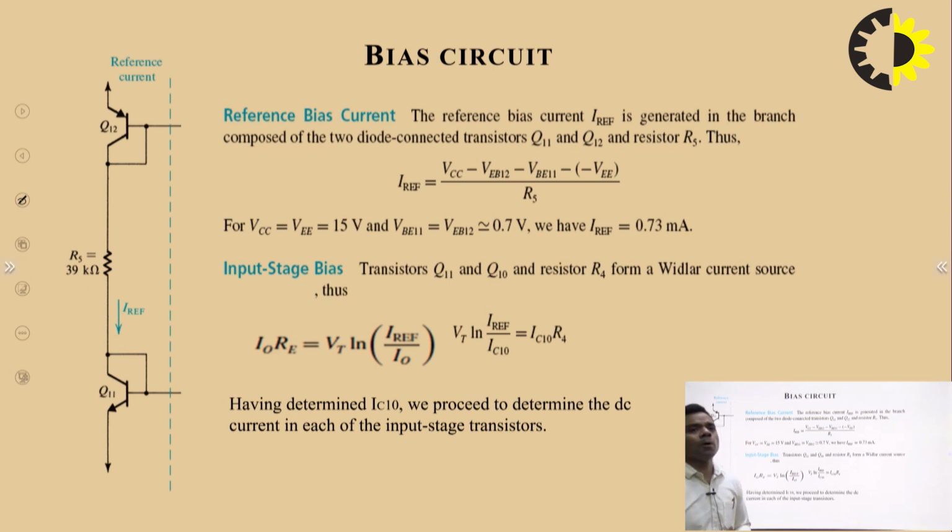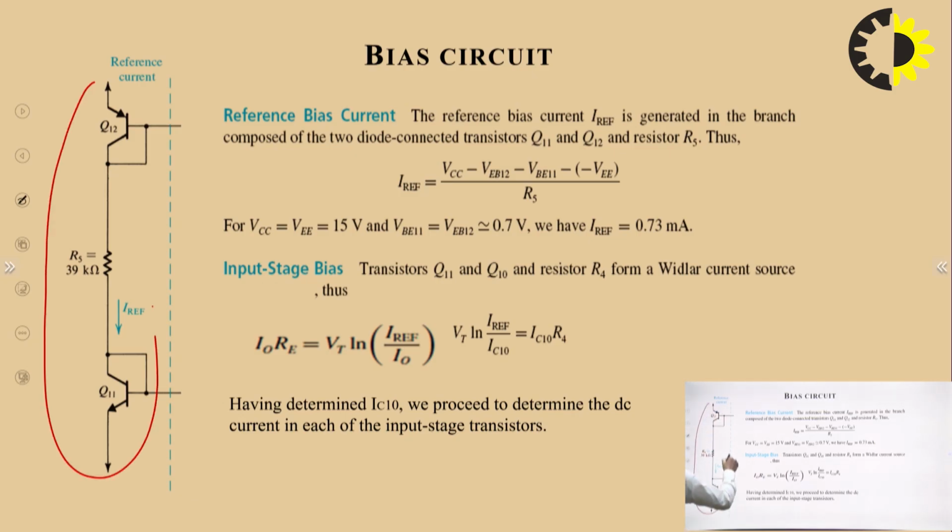Let us see how much current this reference current generation circuit will generate. This forms a circuit in which, if you start from plus VCC, the voltage drop will be VBE, then the voltage drop across this resistor, and then this voltage drop, and then you reach the ground.